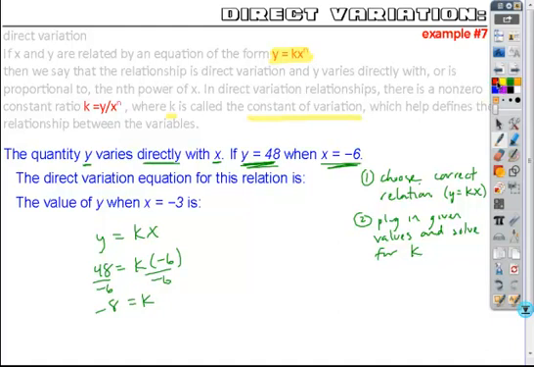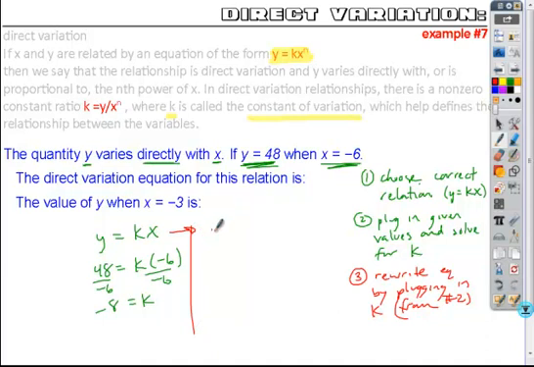Once you find your k value, you're going to rewrite the equation by plugging in the k value from step 2. So you take this equation and write it as y equals whatever your k value is times x.